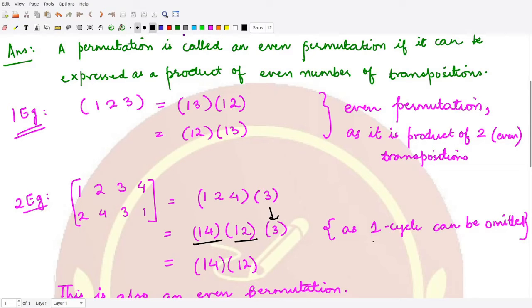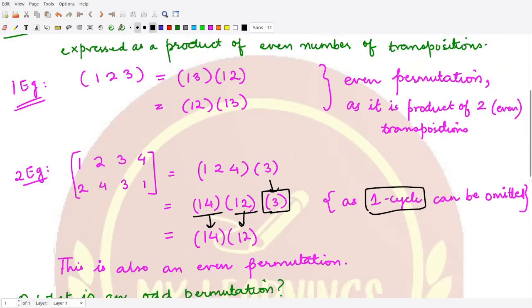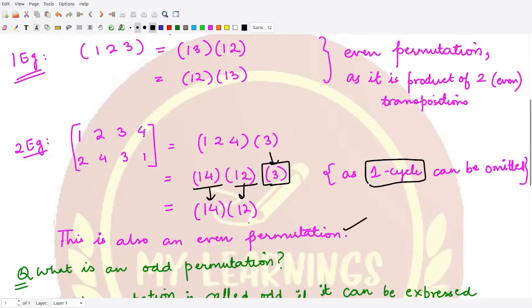We know all the 1 cycles can be omitted, so we can omit this 3, because if we are not writing it, that means it is mapping to itself. So we are left with these 2 transpositions, (1 4) and (1 2). This also forms an even permutation, because we have a product of 2 transpositions.